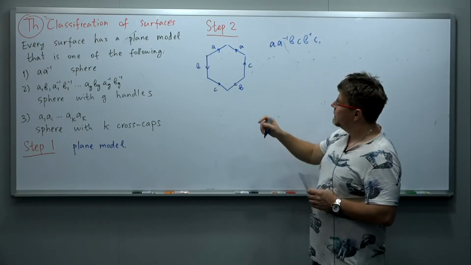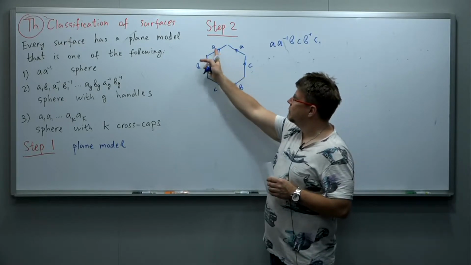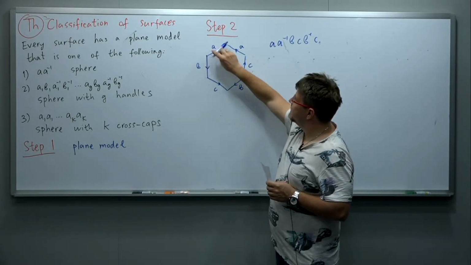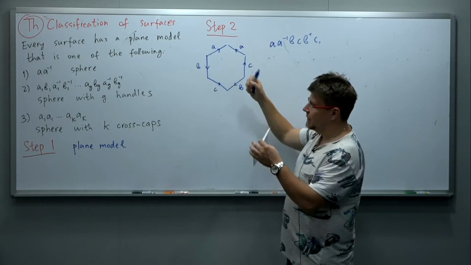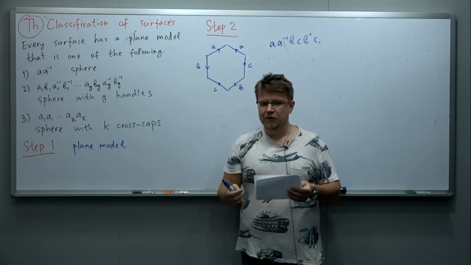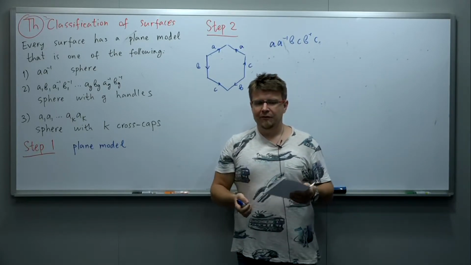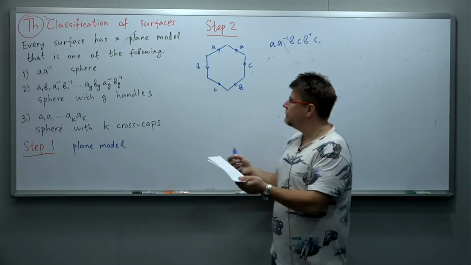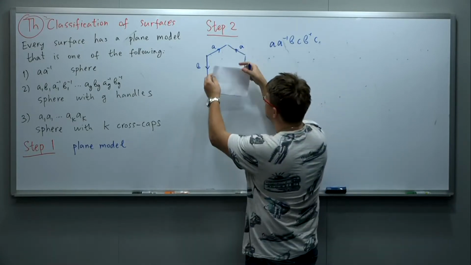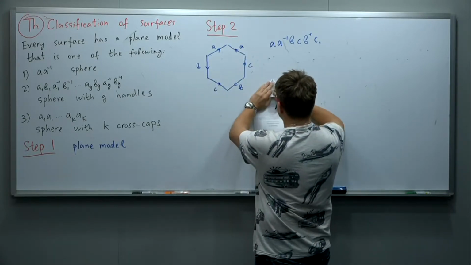Now, this A is supposed to be glued to this A inverse, but this operation is easy to imagine and even easier to perform in the real physical world. It looks like this.